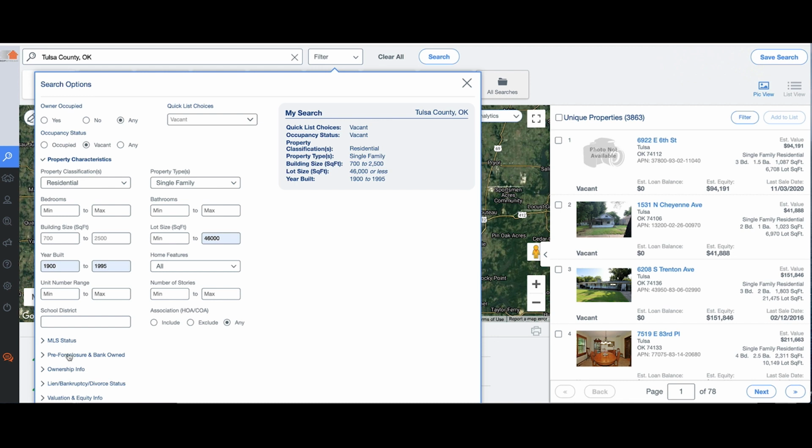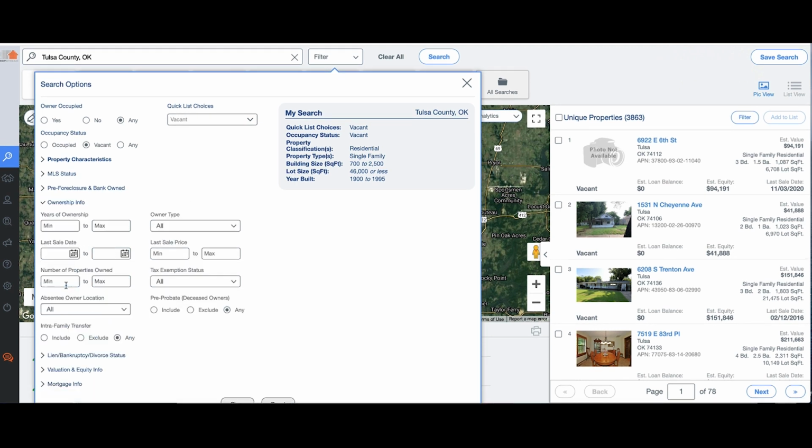I don't really touch a lot of this stuff because I don't want to cut anything out of my list. If you over filter, you don't really know if the filter is correct per the way the county reports it. It's not a PropStream issue. It's the county that reports this information and gives it to PropStream.